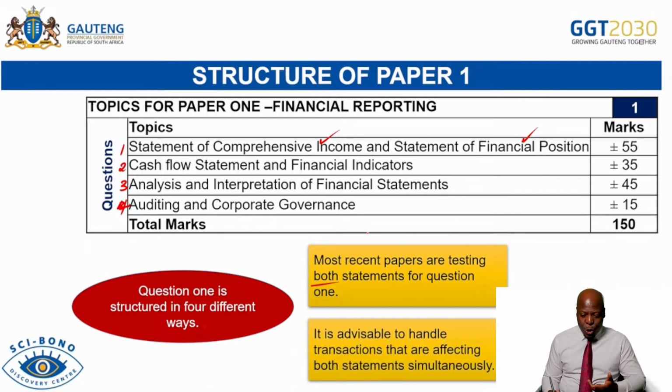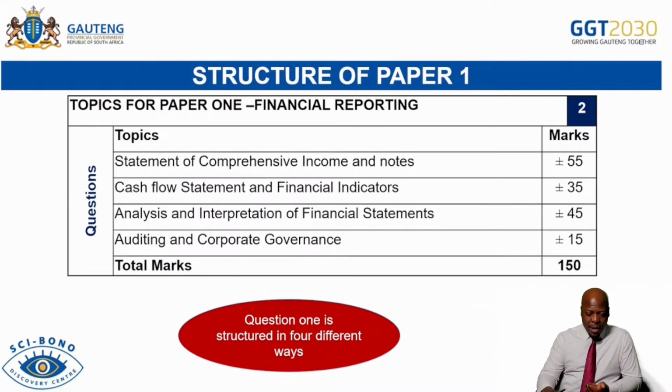And I want to encourage you that when you do this particular question, please do the adjustments in the same moment, in the same time. That is, when you do your statement of comprehensive income, also do the statement of financial position. Do them simultaneously at the same time. That will allow you to save on time and be able to finish your exam well in time.